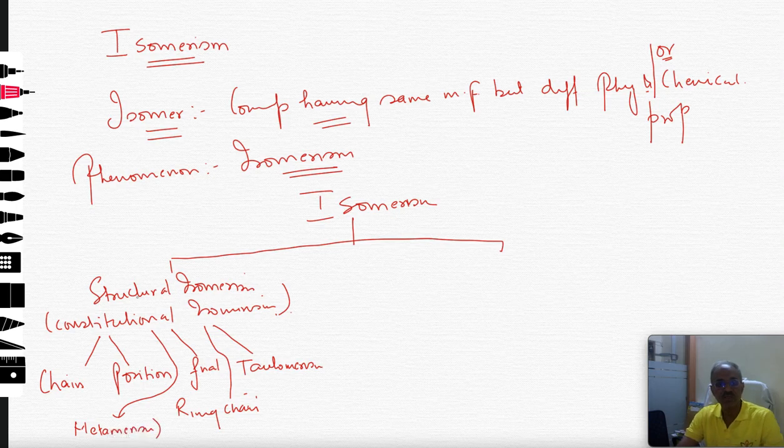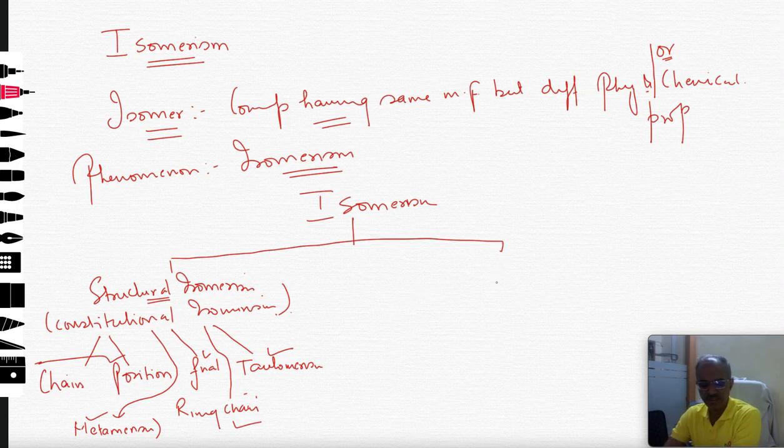So structural isomerism is of six different types. In detail, we will see them in the further part of the lecture.